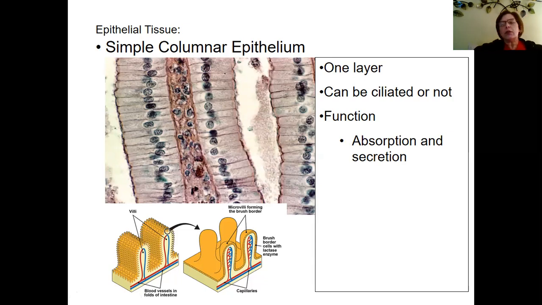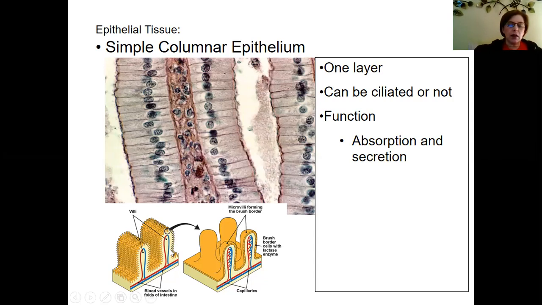If you think about the lining of your intestine, and we mentioned this back on the front page, especially your small intestine, all the foods that you eat have to get broken down, and that happens pretty much in the stomach and at the beginning of the small intestine. Then in the middle to last portion of your small intestine, we have to absorb all of that into our blood.